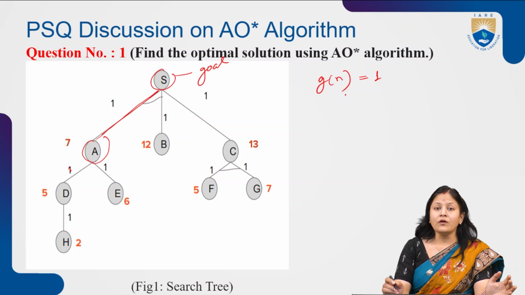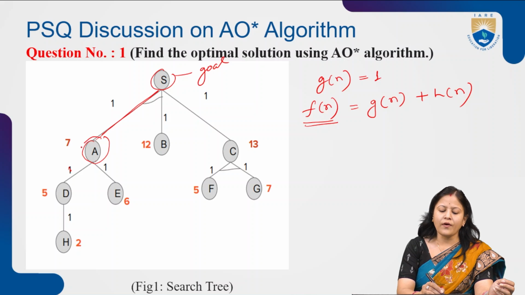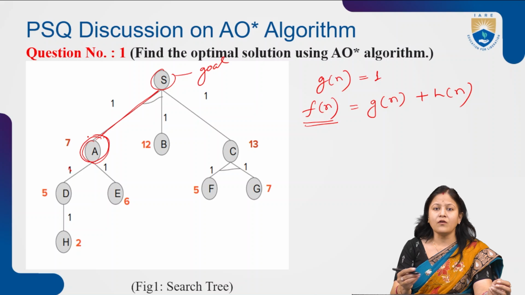Now one formula in this algorithm is the cost function, denoted as Fn, which is equal to G of n plus H of n. If you want to find the cost of A or any node, it can be calculated using G of n, the actual distance from the root node to the current node.